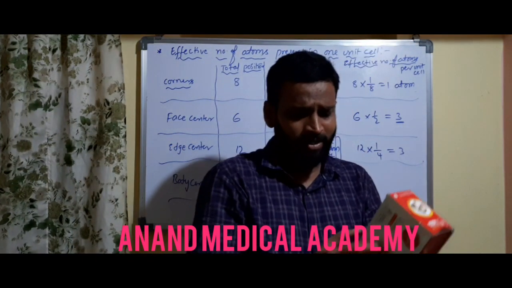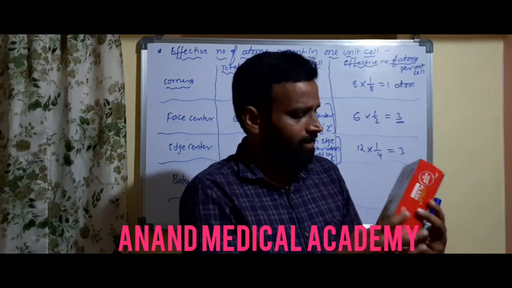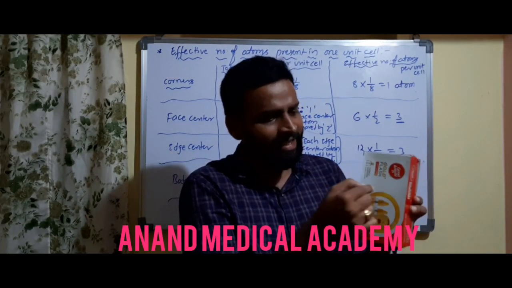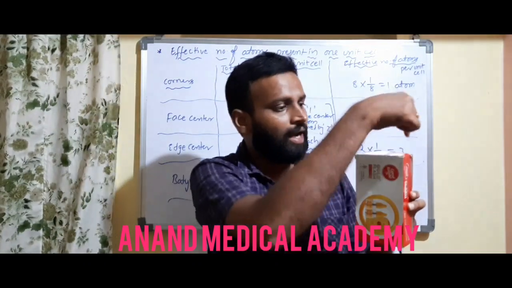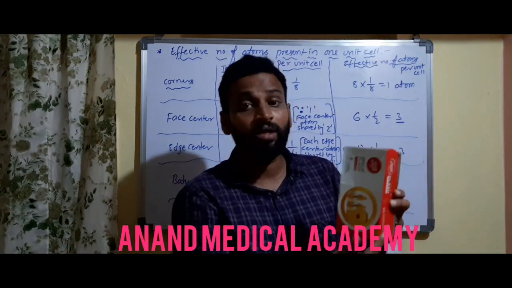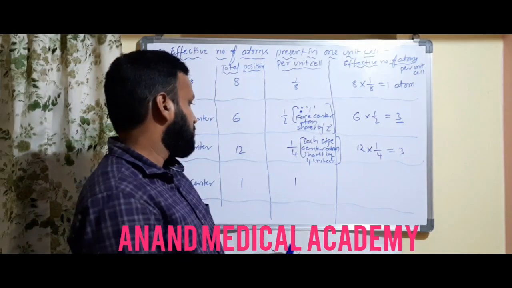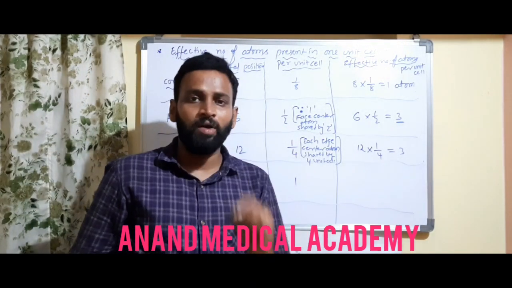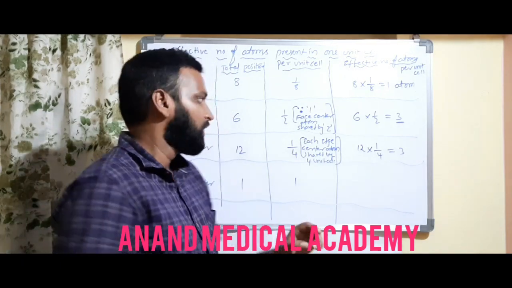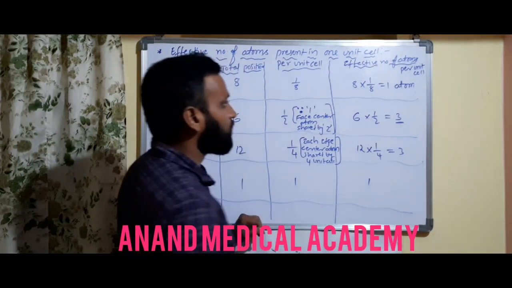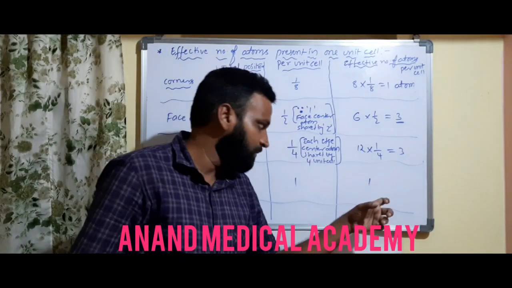If you open it, inside exactly at the center and at equal distance to every corner, you will have a body center. Getting what I am saying? So the body center atom belongs to only one unit cell. So how many effective body center atoms per unit cell? 1.